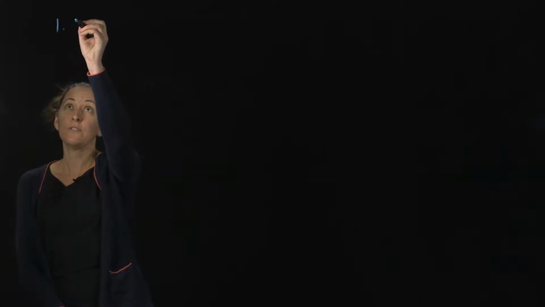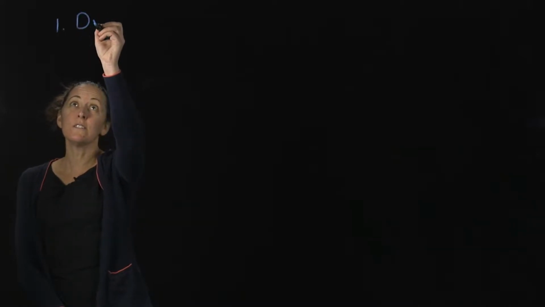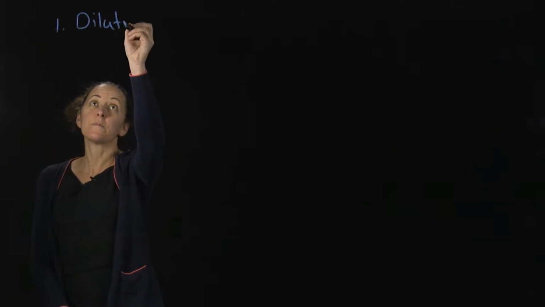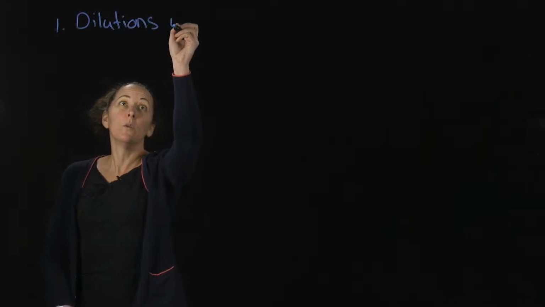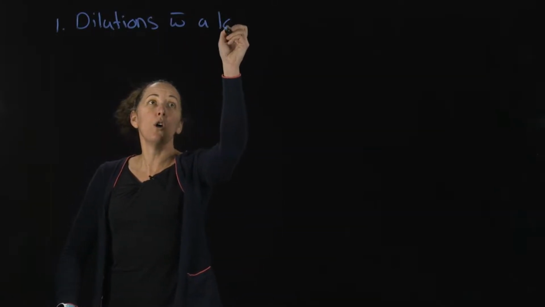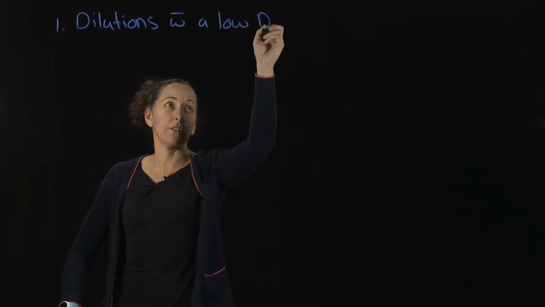All right, so we're going to go over two different ways to do dilutions in this video. So the first way that we're going to do is for dilutions with a low dilution factor.